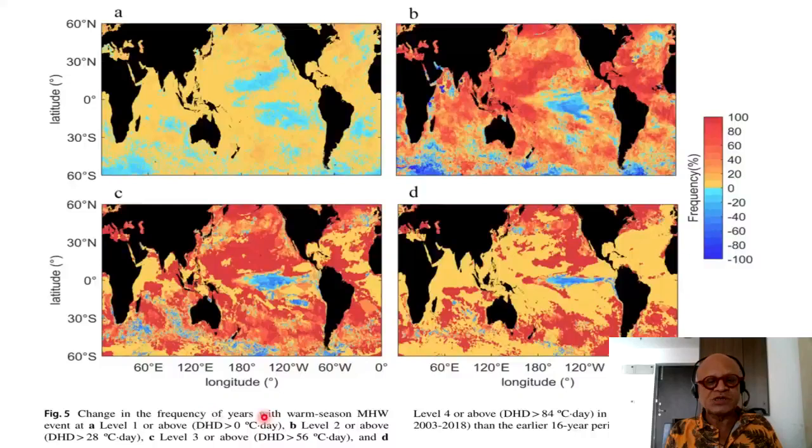So this is finally the change in frequency of the years with warm season marine heat waves at level 1 or above, so degree heating days greater than 0.